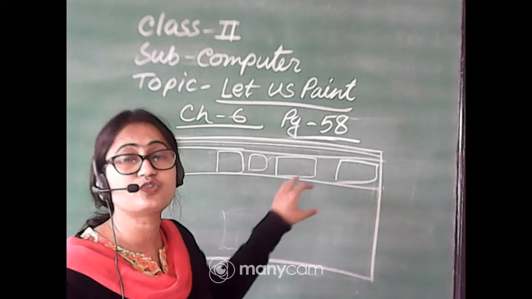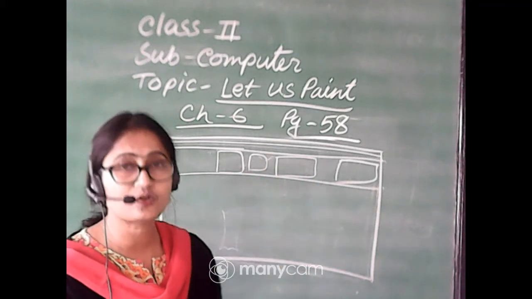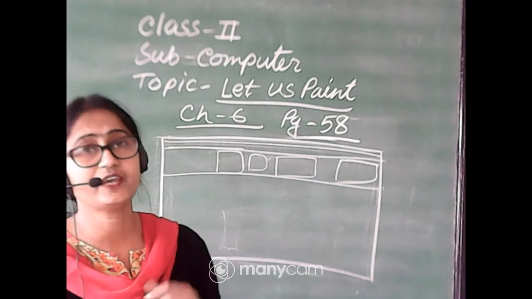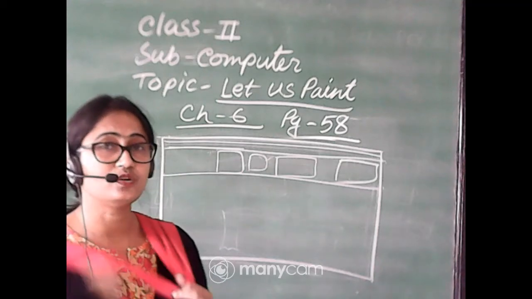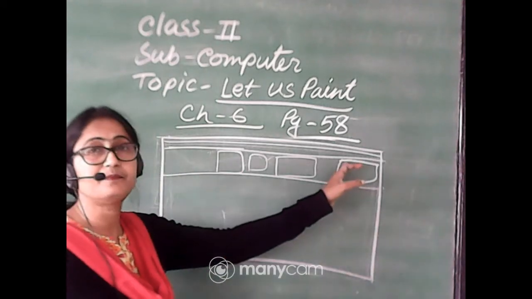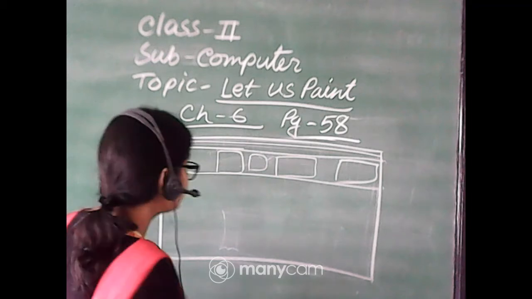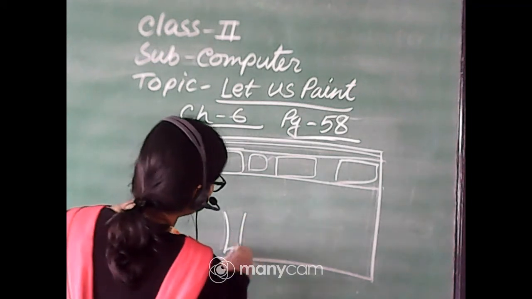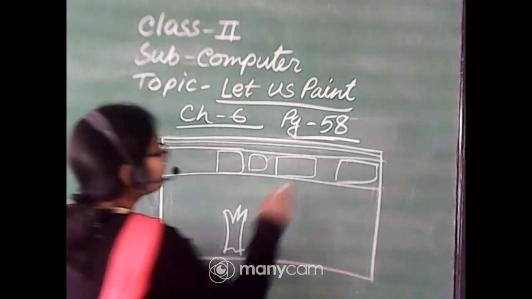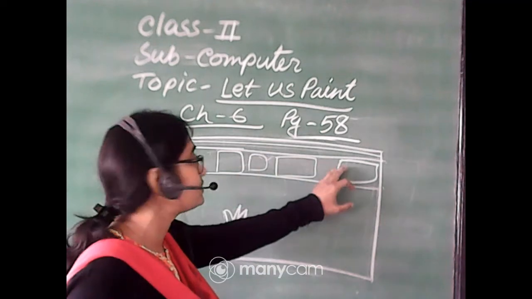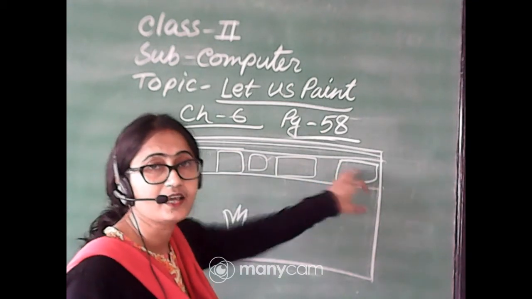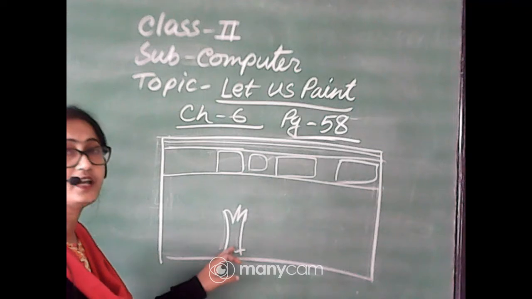Suppose you want to draw a tree using the pencil tool. Take the brown color, okay, and draw this using the pencil tool. How to? First select the pencil tool, select the color, and then bring the mouse pointer on the drawing area.